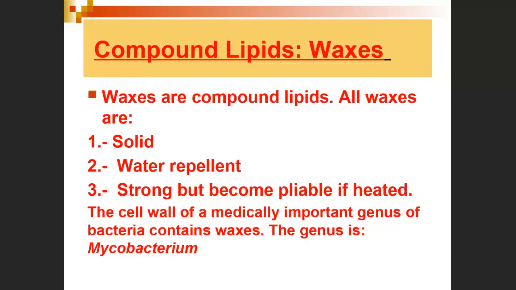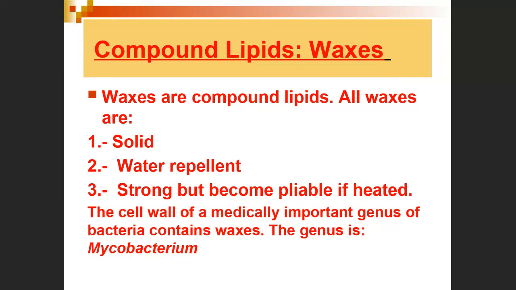The waxy cell wall protects the bacteria from anything entering the cell. Imagine candle wax surrounding a bacterium, completely water repellent, solid, pliable if heated, but it prevents things like nutrients from going in, which means these kinds of bacteria are going to grow painfully slow because nutrients will seep in very slowly.